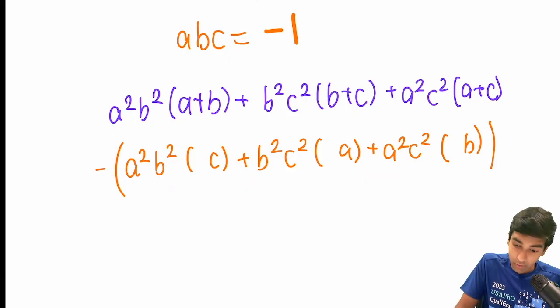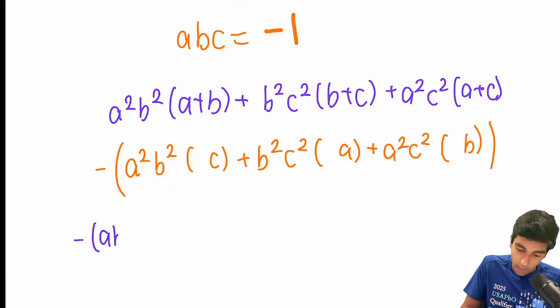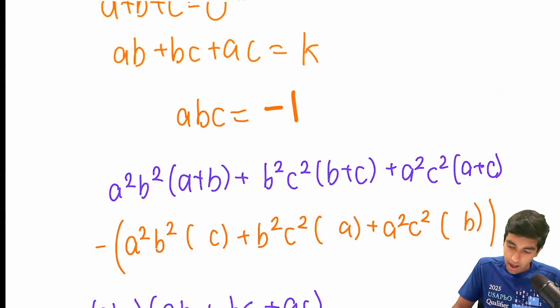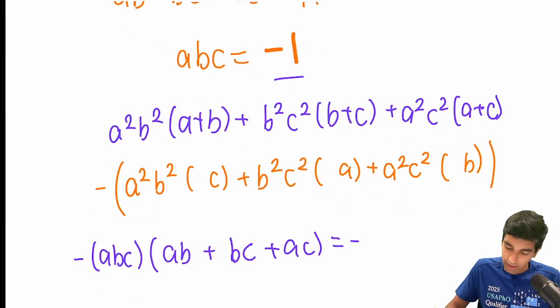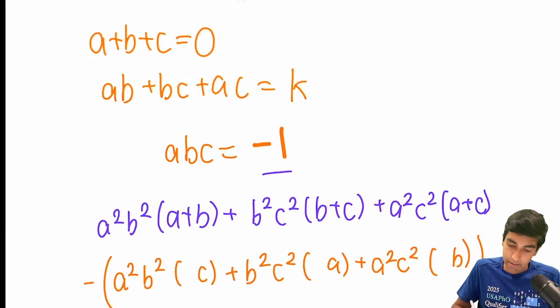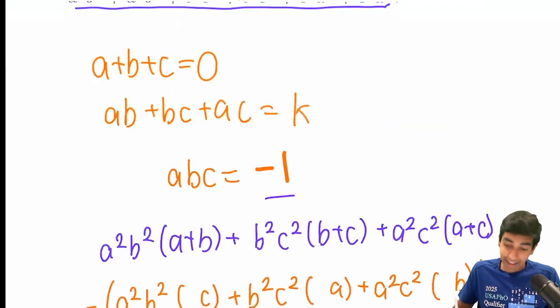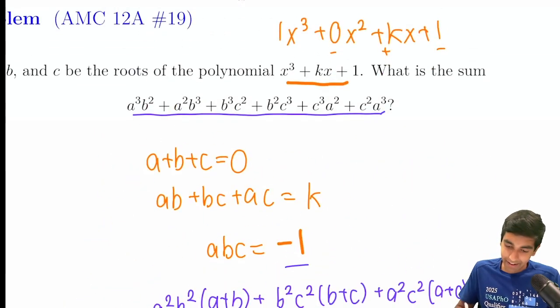We can factor out abc, and we get ab plus bc plus ac. The abc is negative 1, so this is equal to negative 1. And then ab plus bc plus ac is k. So this is equal to k. So that's our answer, k.